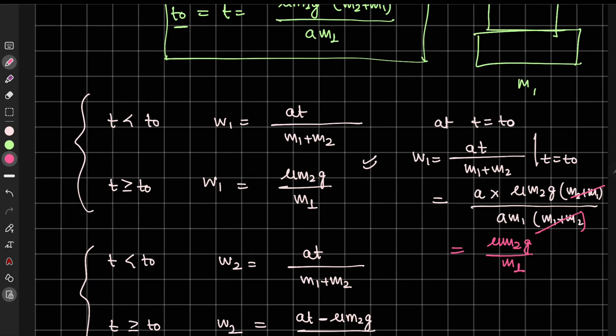So if we draw the acceleration of mass m1 with respect to time, let us say this is acceleration w1 and this is time, and let us say this is t is equal to t naught.